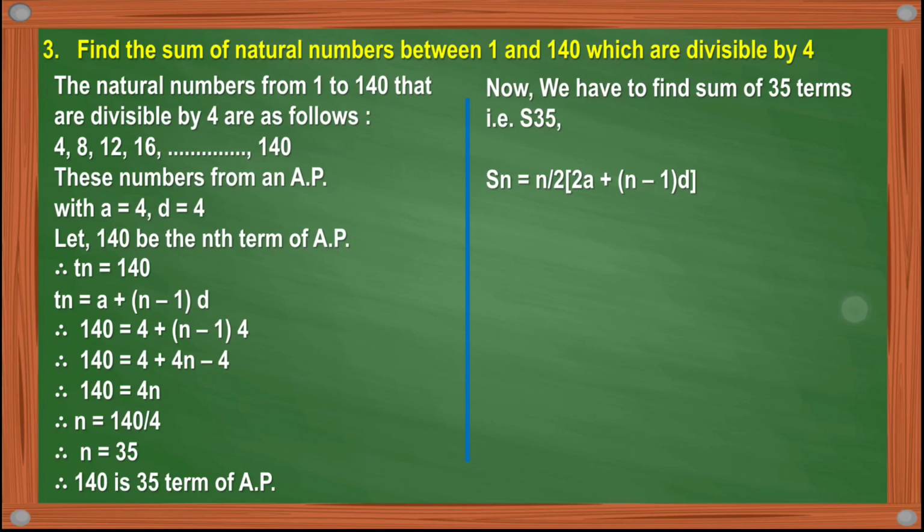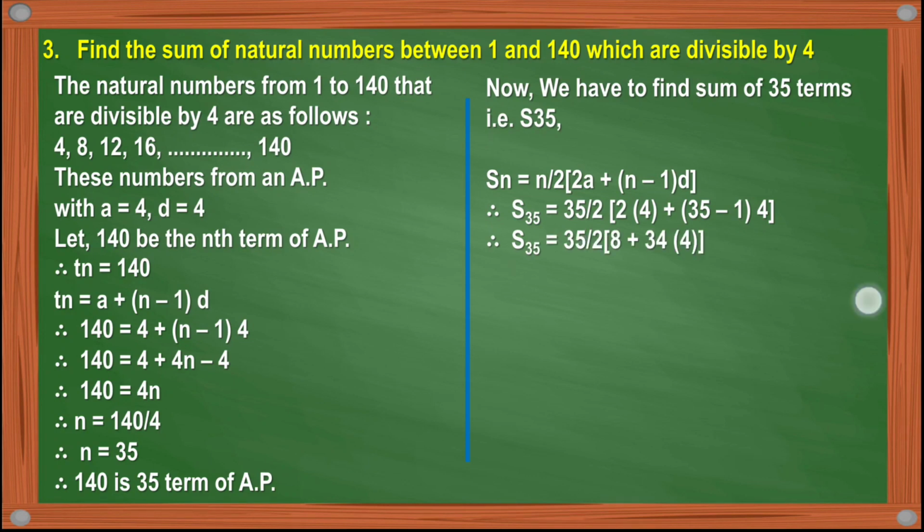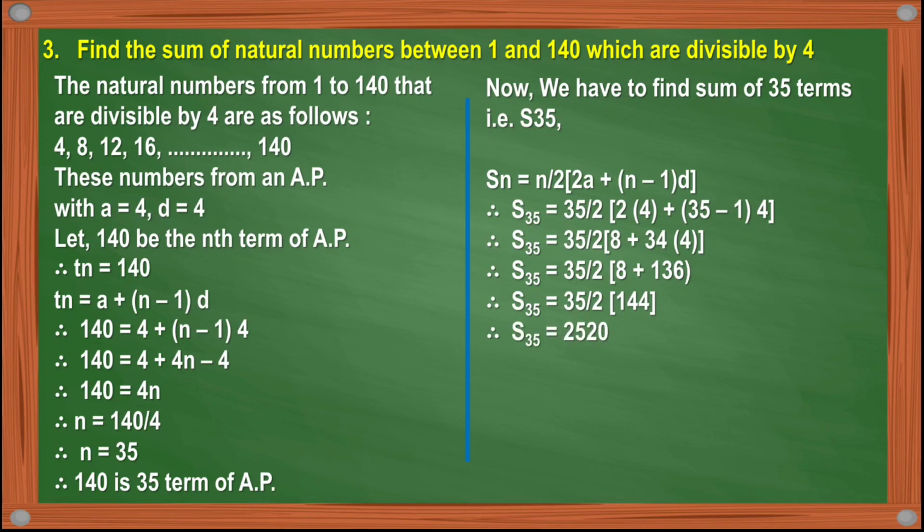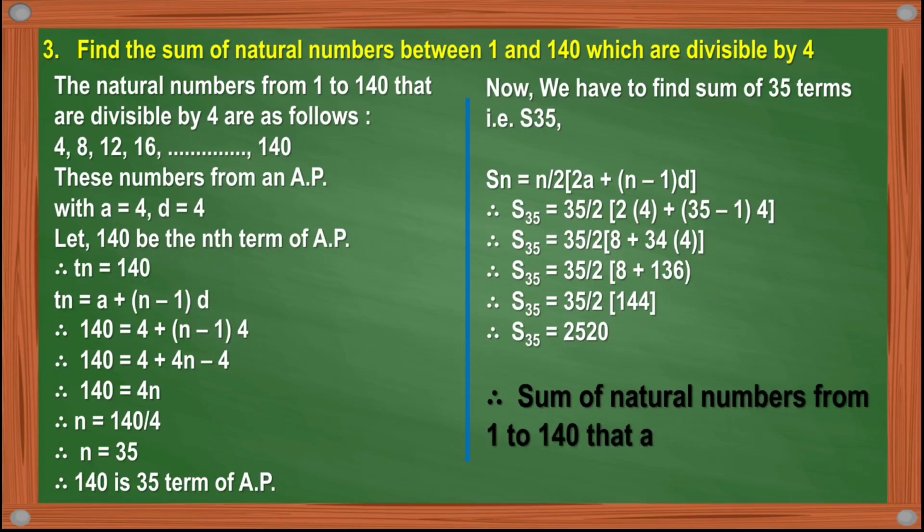Taking the formula of the sum and putting the values: 35 upon 2, (8 plus 34 multiplied by 4). 34 multiplied by 4 is 136. 8 plus 136 is 144, and you can divide it by 2. When you divide it by 2 and multiply by 35, you will get 2520. Which means the sum of the natural numbers from 1 to 140 that are divisible by 4 is 2520. We'll see the fourth question now.